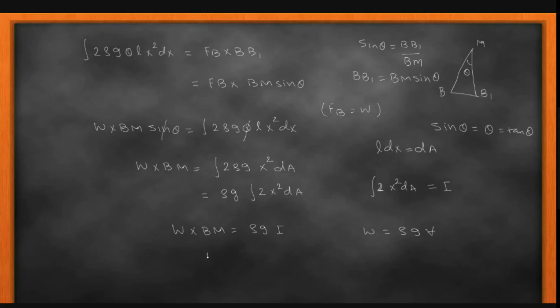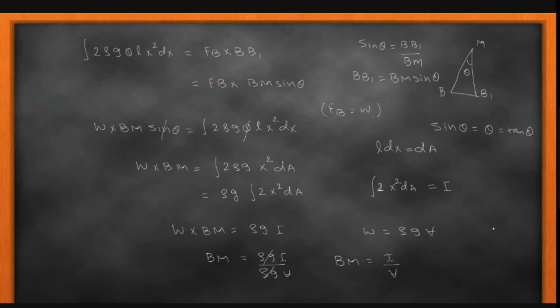We put it down and make BM the subject. So BM equals rho g into I upon rho g into V. Rho g cancels out, and finally for BM we get I by V.